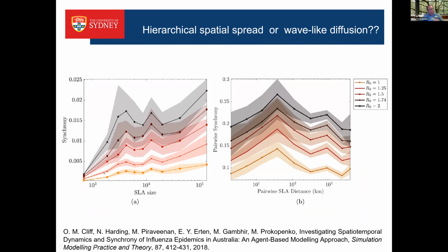The larger the area, the more synchrony there is, rather than with the distance, which would have been just geographic. Because if it depended only on the distance, synchrony would simply be going down: the further it is, the less synchronous it is. But it actually goes up and only then down, while here it mostly goes up. So that's a type of research question you could be answering in these models.